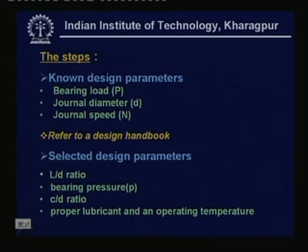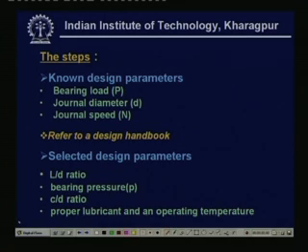You have to know the L by D ratio, bearing pressure, C by D ratio; also the bearing load has to be calculated, and the corresponding bearing pressure is required to carry this load, and the dimensions also, C by D ratio, proper lubricant and an operating temperature. Now, in this case I have just mentioned one important thing, that all these: L by D ratio, bearing pressure, C by D ratio, proper lubricant, operating temperature.